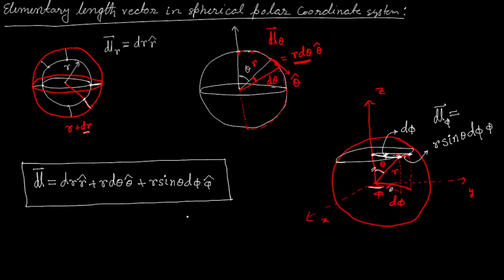This will be the total elementary length in the spherical polar coordinate system. If I want to write the elementary length along r cap, we'll write dr r cap. Along theta cap, we'll write r d theta theta cap. Along phi cap, we'll write r sin theta d phi phi cap. Now once we know this elementary length, what can we define? We can define the elementary vector.